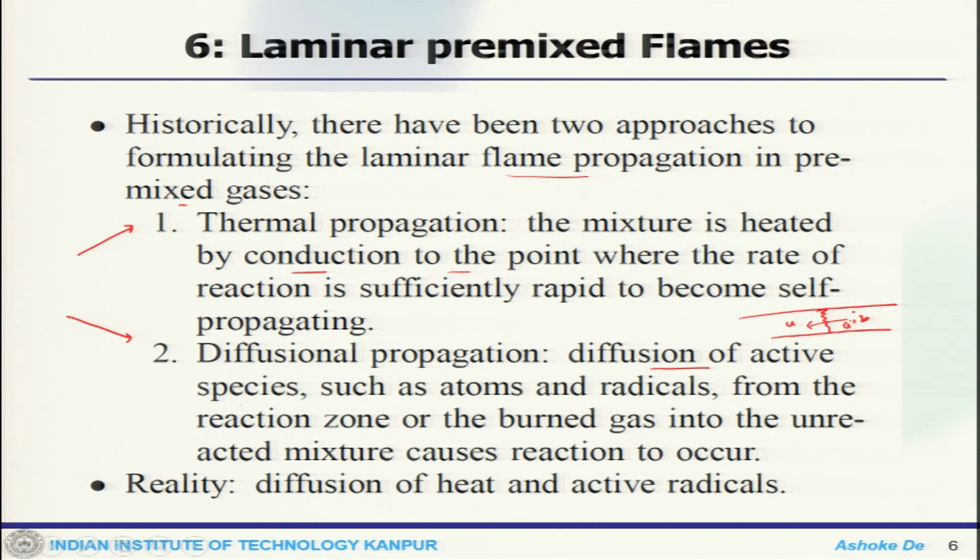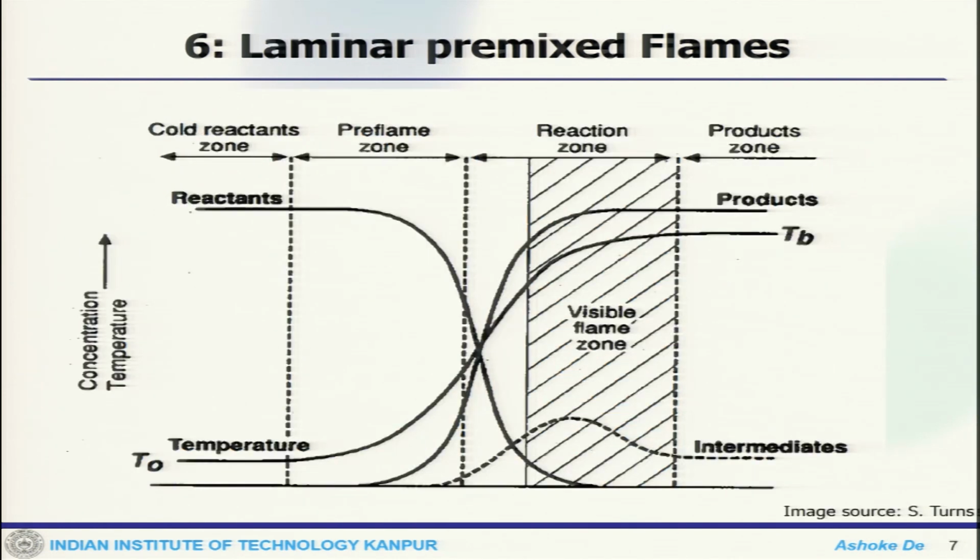In the other case, the diffusion approach is that from here the active radicals or atoms or species diffuse through to the unburned side. So, in reality what happens is that diffusion of heat and active radicals are both essentially there, because when there is an unburned mixture on this side, in an obvious situation there will be heat transfer to the unburned mixture, and there will also be some transfer or diffusion of the active radicals, which will take part in the process.